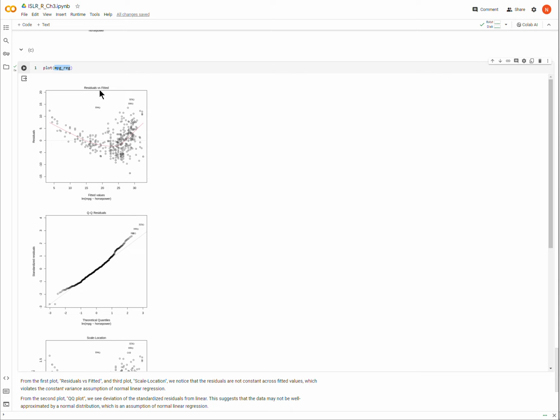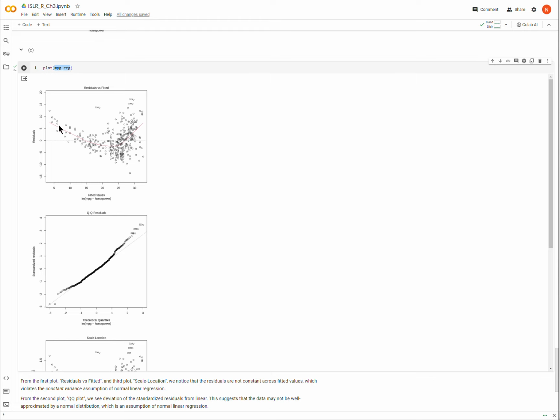The first plot is the residuals versus fitted. Here I have the fitted values from the regression, and then the residuals. Most fitted values are going to be different from the actual values, and that amount is called the residual. One of the assumptions about normal linear regression is that these residuals will be evenly spaced for all values of the predictor variables and for each fitted value.